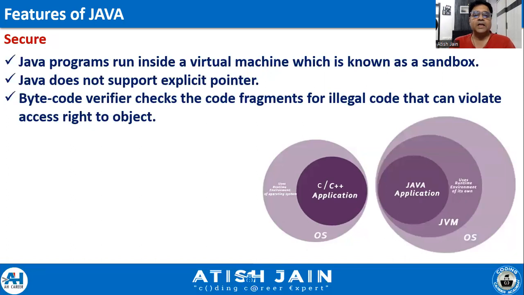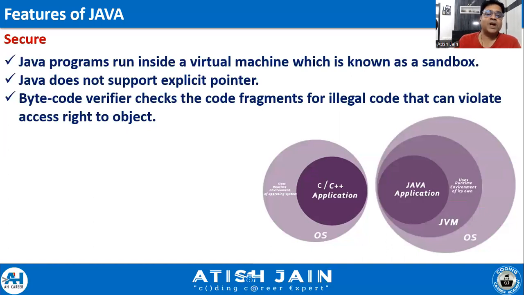Secure. Java programs are not running on your hardware directly. They are not running on your operating system directly. They run inside a virtual machine, which is known as a sandbox. So Java doesn't support any explicit pointer concept because they are not interacting with your memory directly. They are running on a sandbox. They are running on a virtual environment that we call JVM.